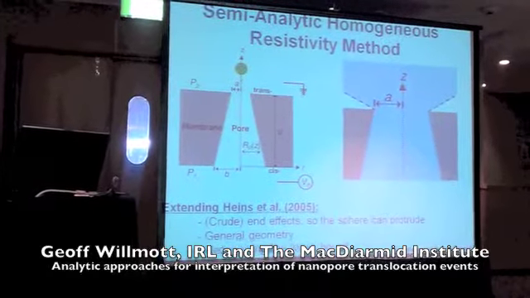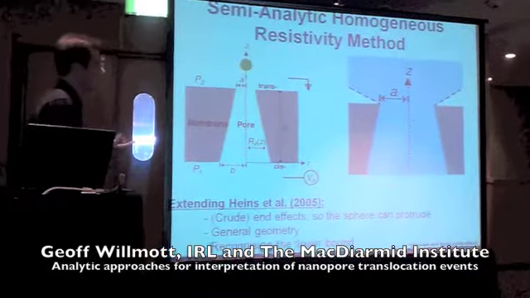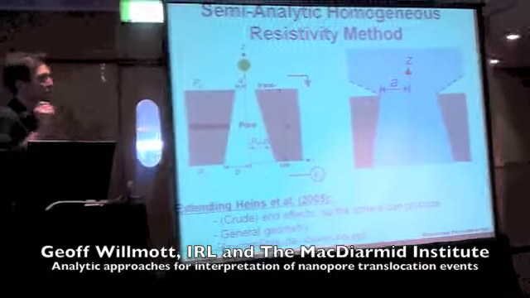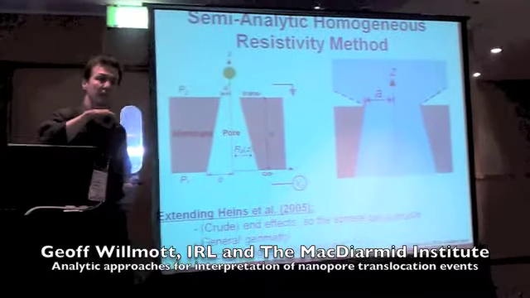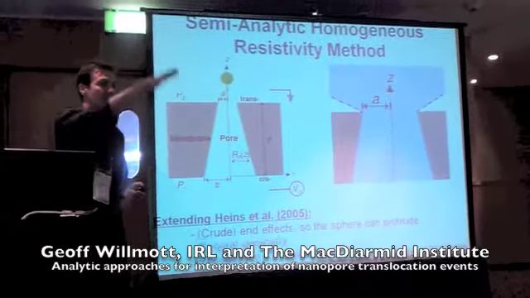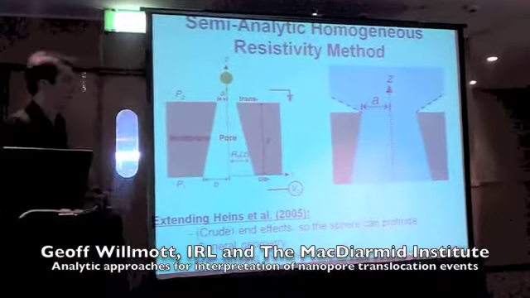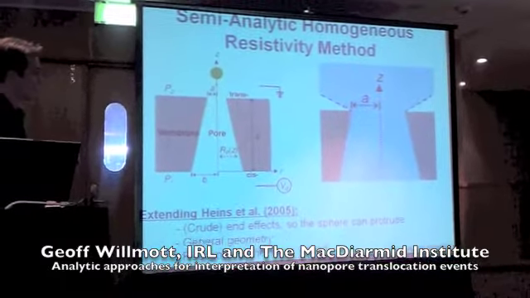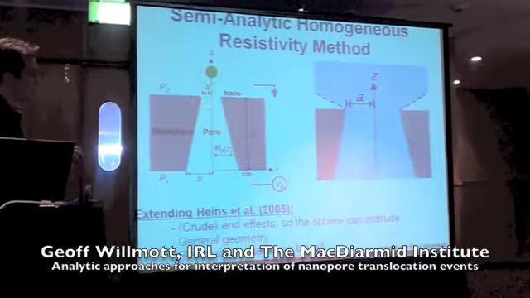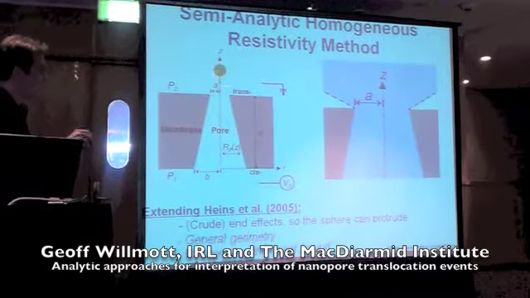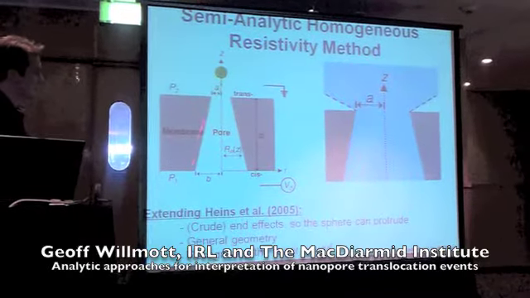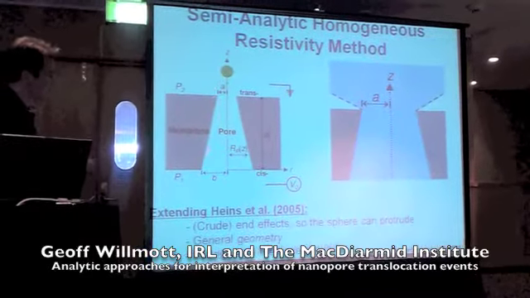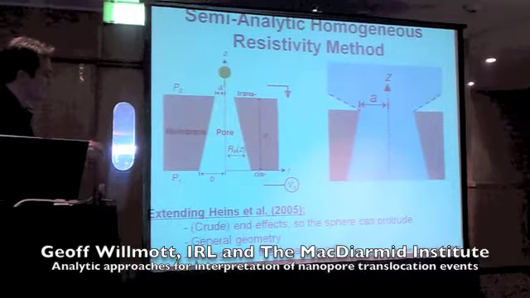Based on this, I've extended a model in the literature which is called the homogeneous resistivity method, because it assumes that the resistivity is the same throughout all the fluid, and extended that a bit to include end effects. So what happens here is a general geometry, so that we don't have to just worry about a conical pore but can think about something which is curvy.